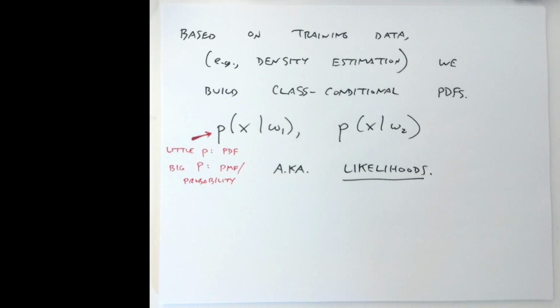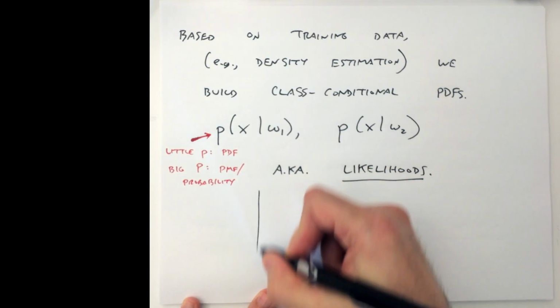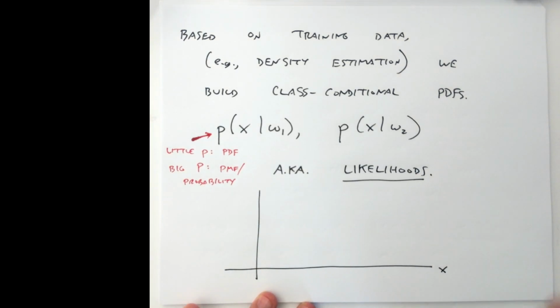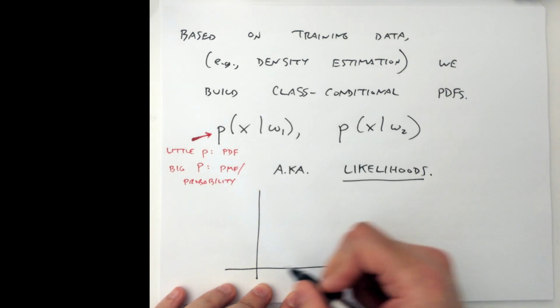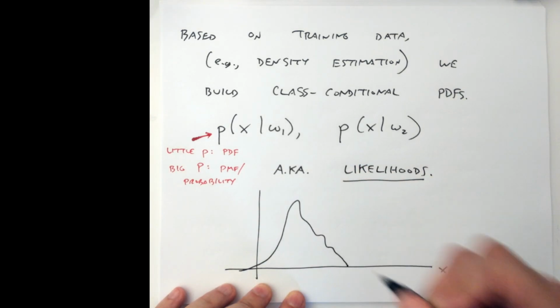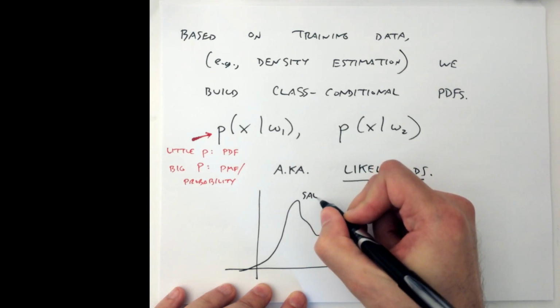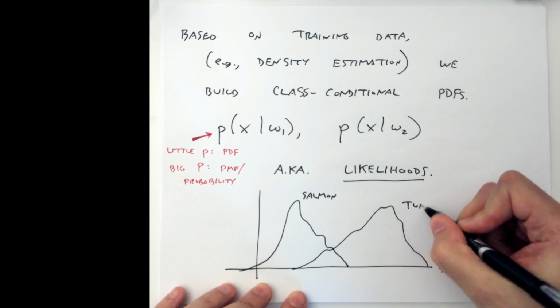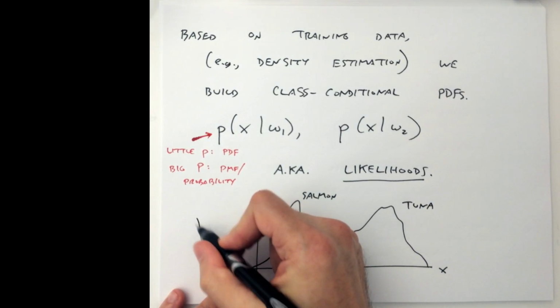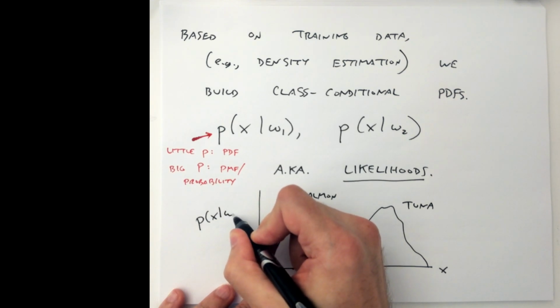All right, so the classic example is salmon and tuna. Let's imagine that I have some sort of one-dimensional feature, and the salmon distribution looks like this, and the tuna distribution looks like this, and this is basically my p of x given the class.